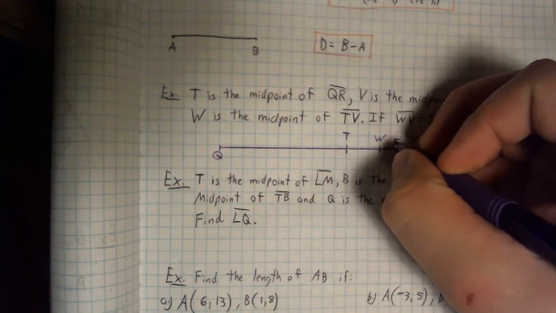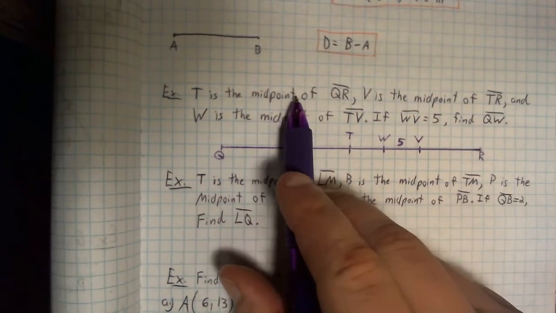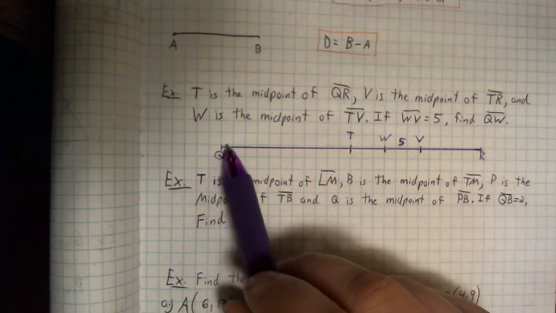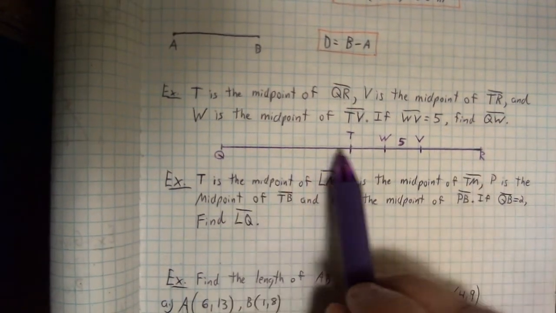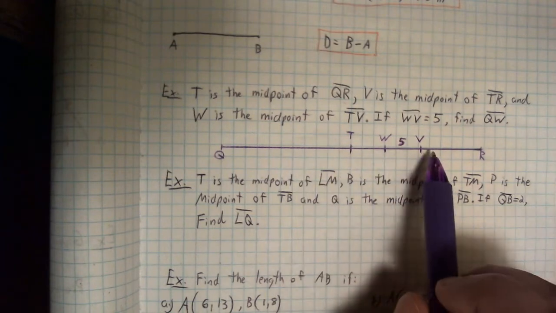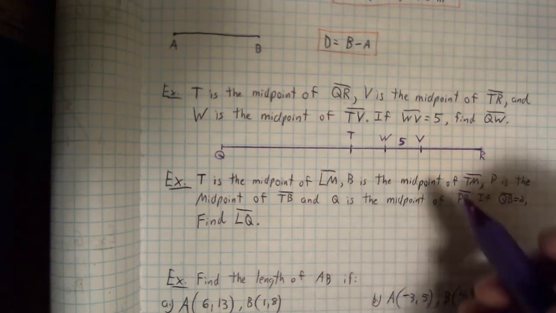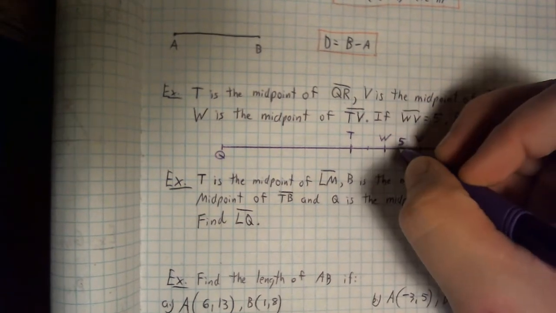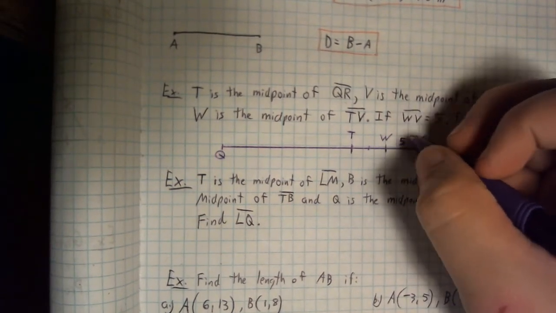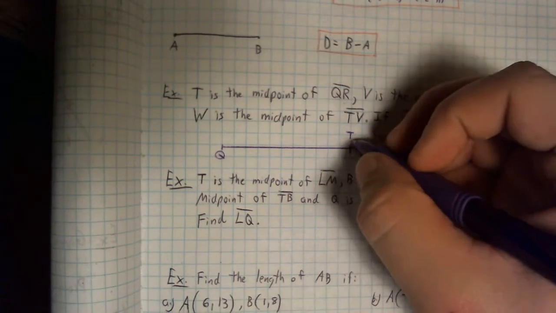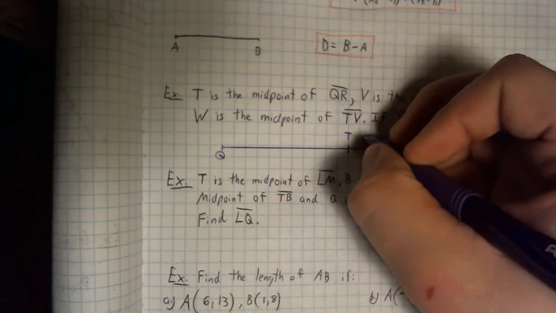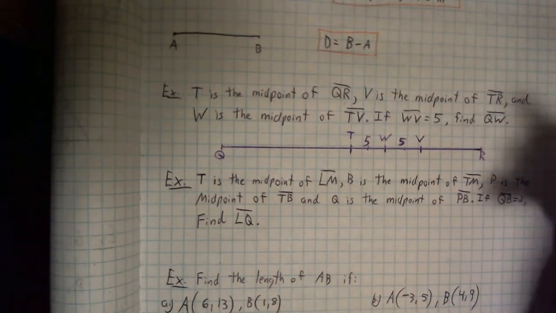Well, we've drawn our picture, but let's think about what it means to be a midpoint. It means that these lengths on either side of the midpoint are congruent. So when we look at W being the midpoint of TV, we know that TW is going to be congruent to VW, which means that TW is going to be worth the same amount, which is 5.